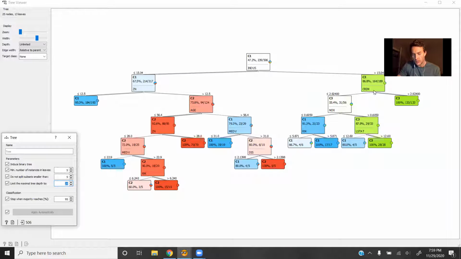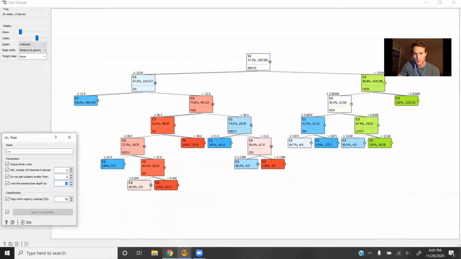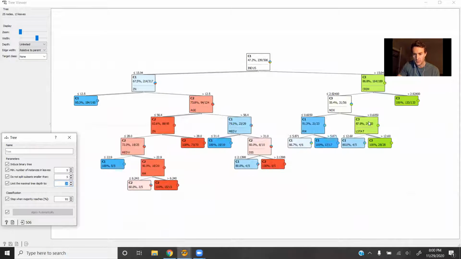When you get to crime, less than 15, it goes to air pollution here. And then from air pollution it goes to RM and LSTAT. So LSTAT is percentage of lower socioeconomic status population. And then the other one is that one. So kind of interesting to look at those.